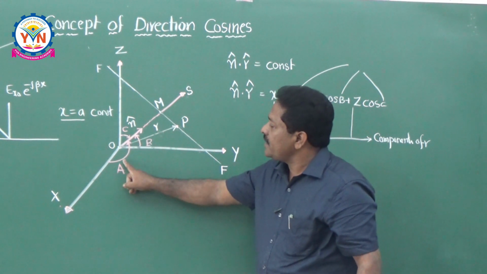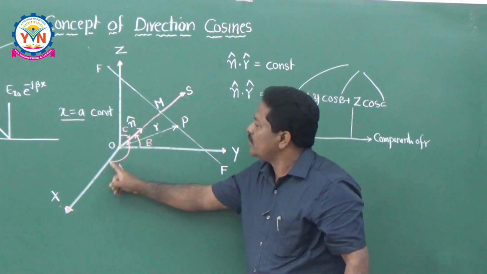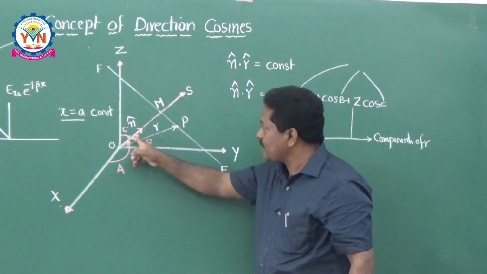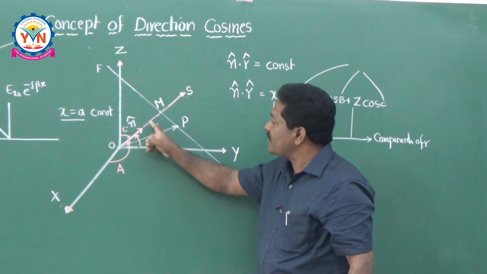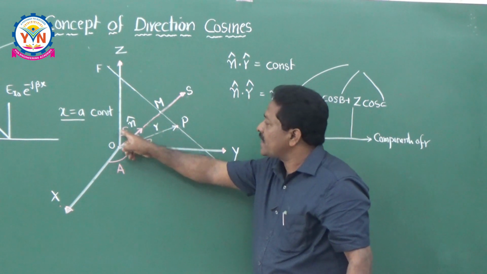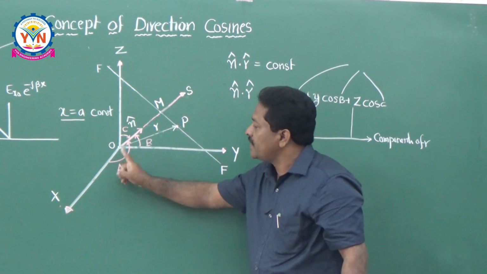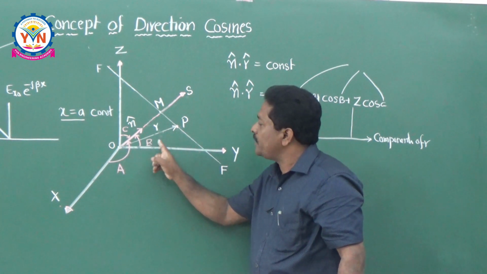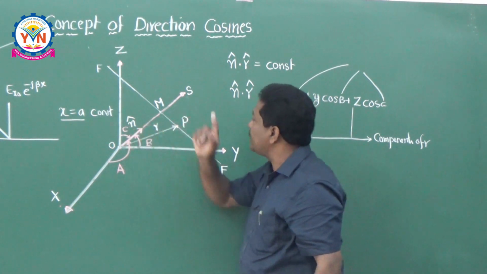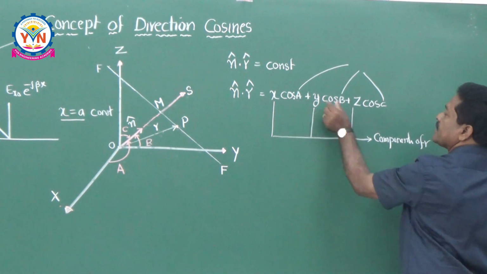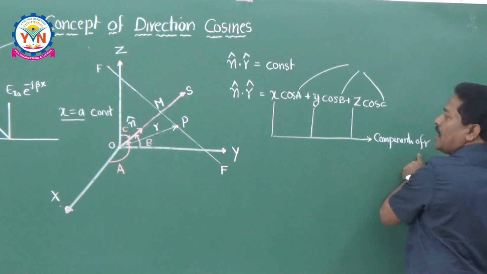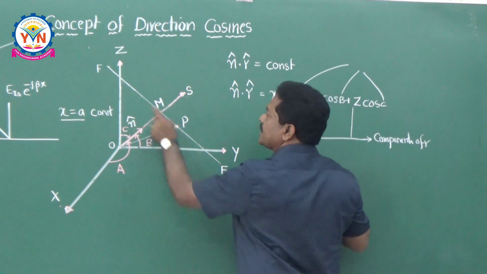See, A is the angle the unit vector makes with the x-axis, because I am taking an arbitrary direction. I am writing the wave equation for this arbitrary direction. Whatever direction you consider, it makes some angles with the 3 axes: A with the x-axis, B with the y-axis and C with the z-axis. So if you know the angles A, B and C, then you can calculate cos A, cos B, cos C. And x, y, z are the components of your R along the x axis, y axis and z axis.